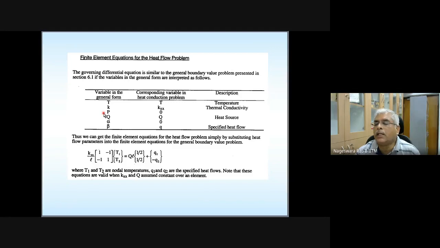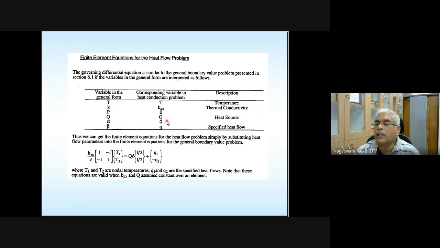P as a function of X is there in the general boundary value problem, but in the steady state heat conduction problem, such a quantity is not there: 0. Q is there in general form, and the corresponding quantity is Q, but this is a constant here. Q is not a function of X, and it represents the heat source.